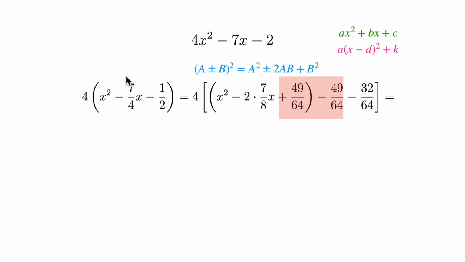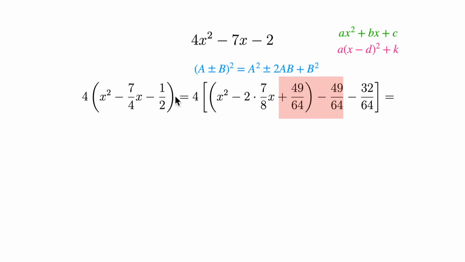I want this expression here to be equal to minus 2x times something. And this something has no choice, it must be 7 divided by 8. So in order to complete the square, I have to add this b squared. 7 squared is 49, 8 squared is 64, so I have to add this fraction.